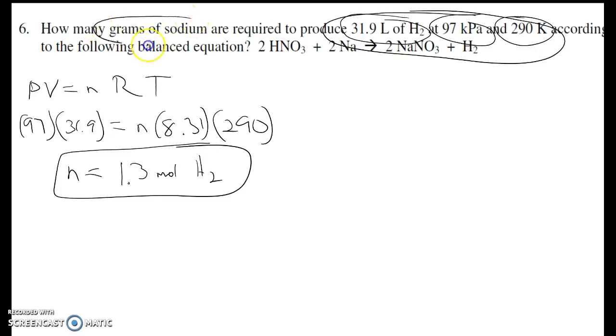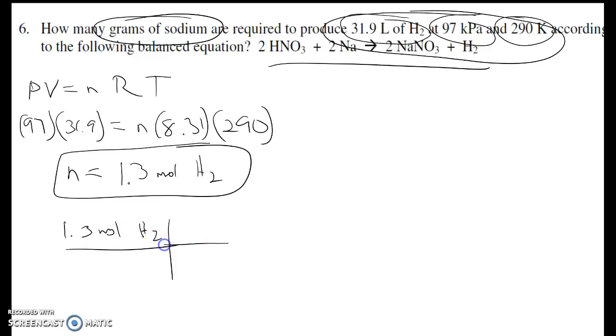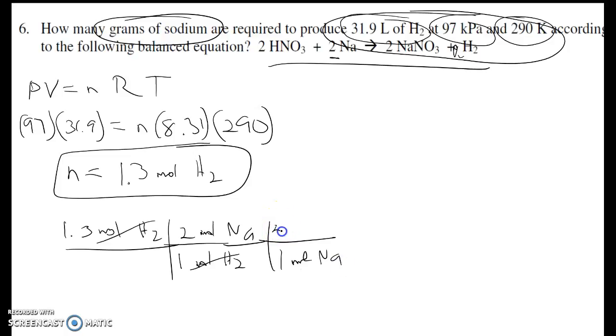Now our goal is to get to grams of sodium. So now we just use the balanced reaction here to get there. So I know I have 1.3 moles of hydrogen gas. I have 1 mole of hydrogen gas per 2 moles of sodium. And then the next step is just to find the molar mass. 1 mole of sodium, 23 grams of sodium in a mole.